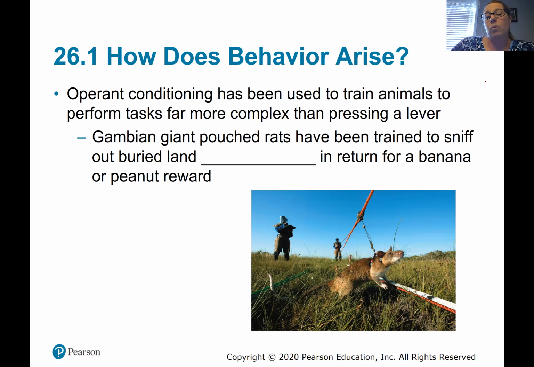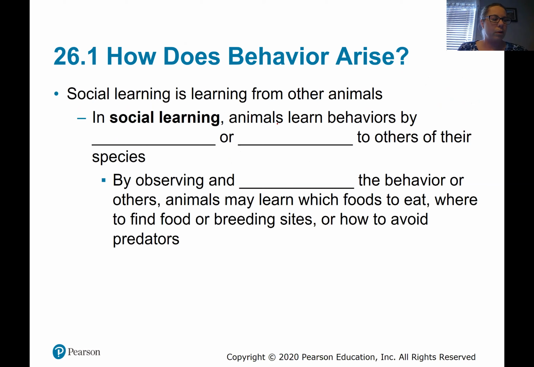Operant conditioning is a way we can train animals. They talk in the book about using rats to sniff out buried landmines. And if they find one, they get a treat. You know, they do that with drug sniffing dogs as well. It's how we can train animals for useful purposes.